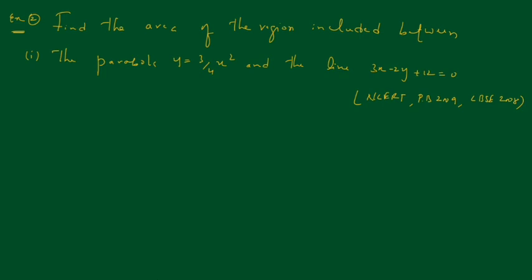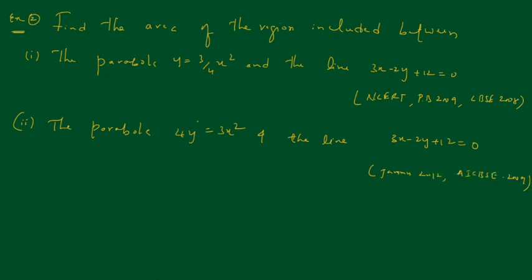And one more, a second one of a similar type: the parabola 4y equals 3x square and the line 3x minus 2y plus 12 equals 0. It was asked in Jammu Kashmir Board in 2012 and AICBSE 2009. Right? So let's see the solution for this one.